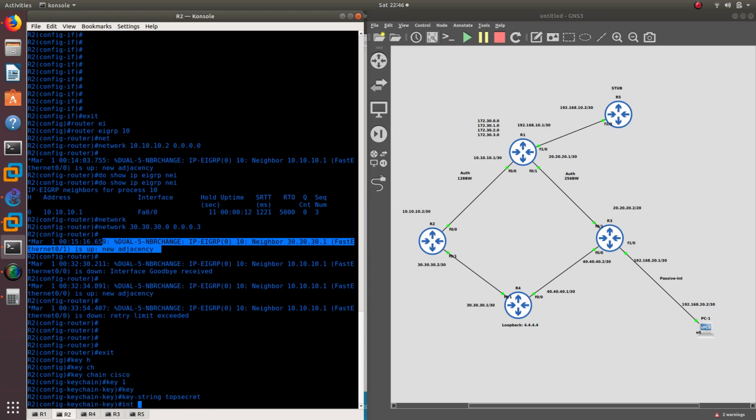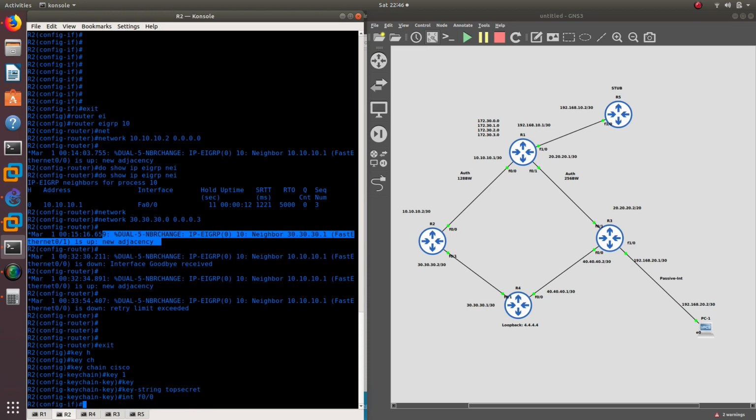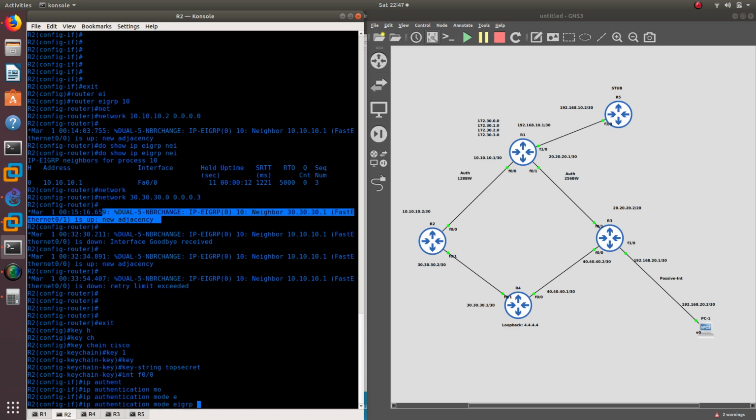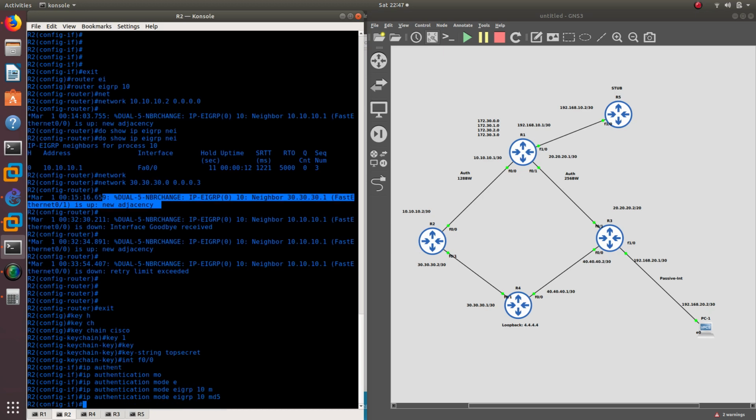That's great. Let's go ahead to interface FastEthernet 0/1, or 0/0, I'm sorry for that. IP authentication mode EIGRP 10 MD5.